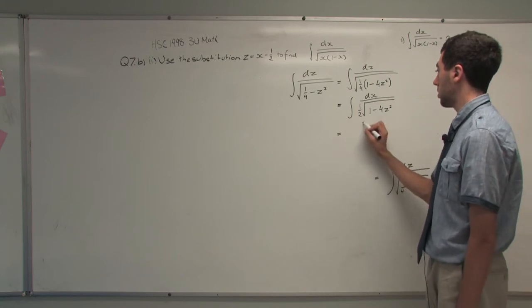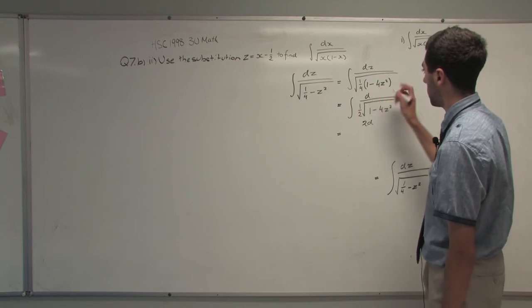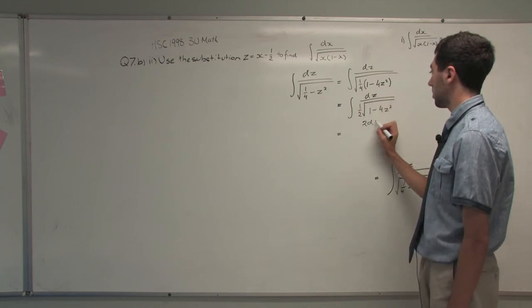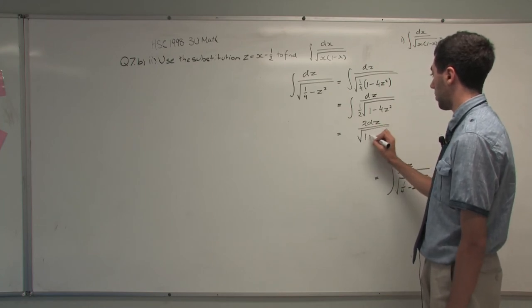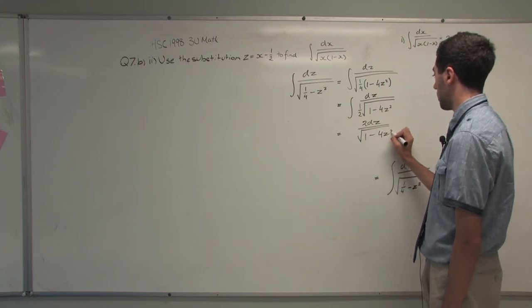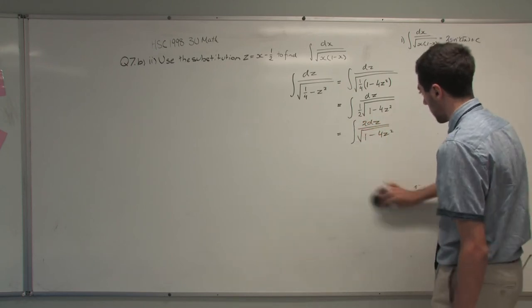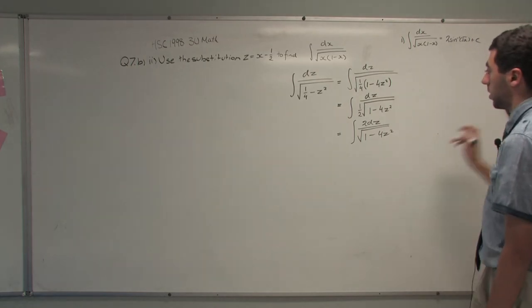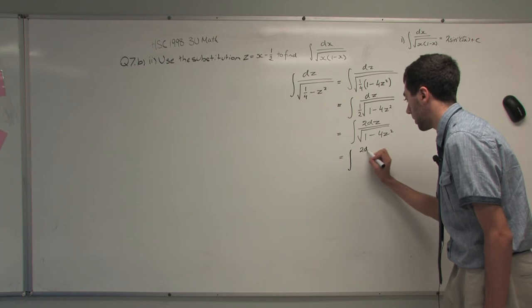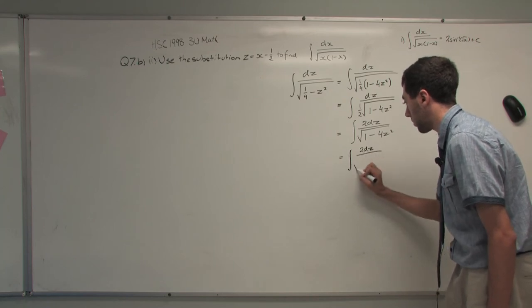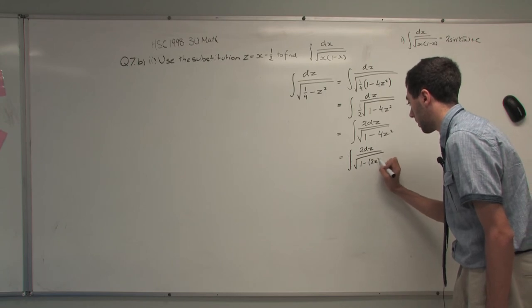So we've got 2, oh, sorry, that's not x, that's z. 2 dz over square root of 1 minus 4z squared. Okay. And now, as we know, we can write that now as 2 dz over square root of 1 minus (2z) squared.